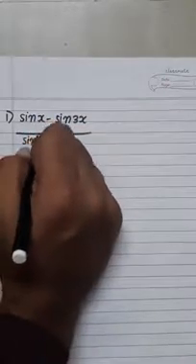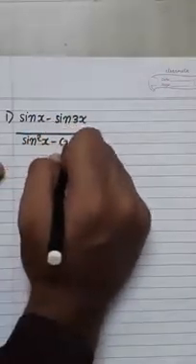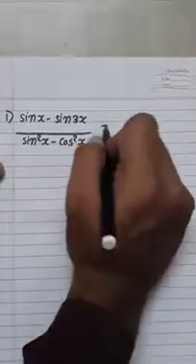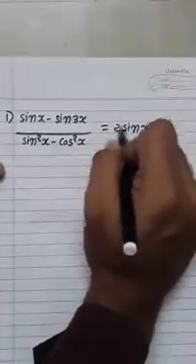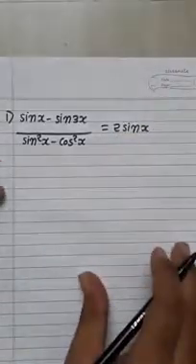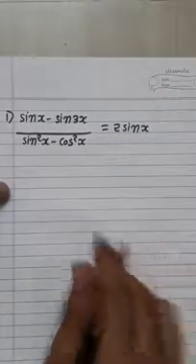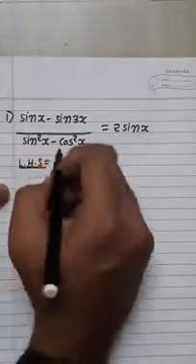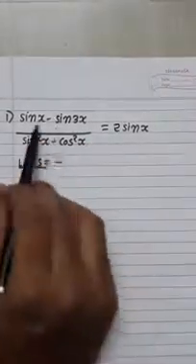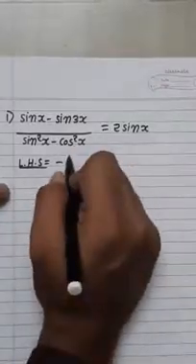Sin x minus sin 3x upon sin square x minus cos square x, and prove that it equals 2 times sin x. So first of all, in the numerator and denominator, in both these terms we can take the minus sign common.